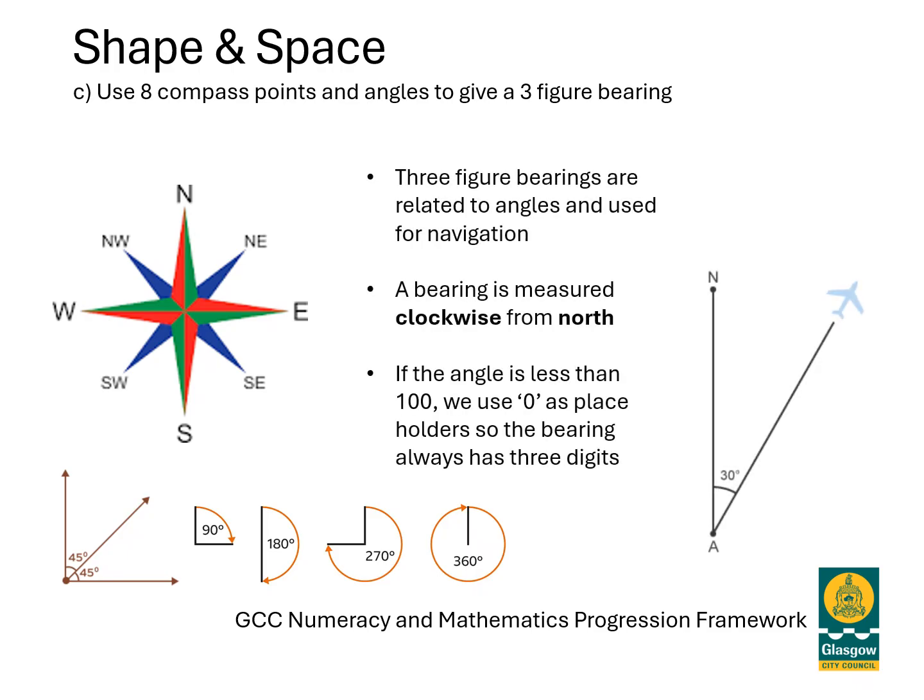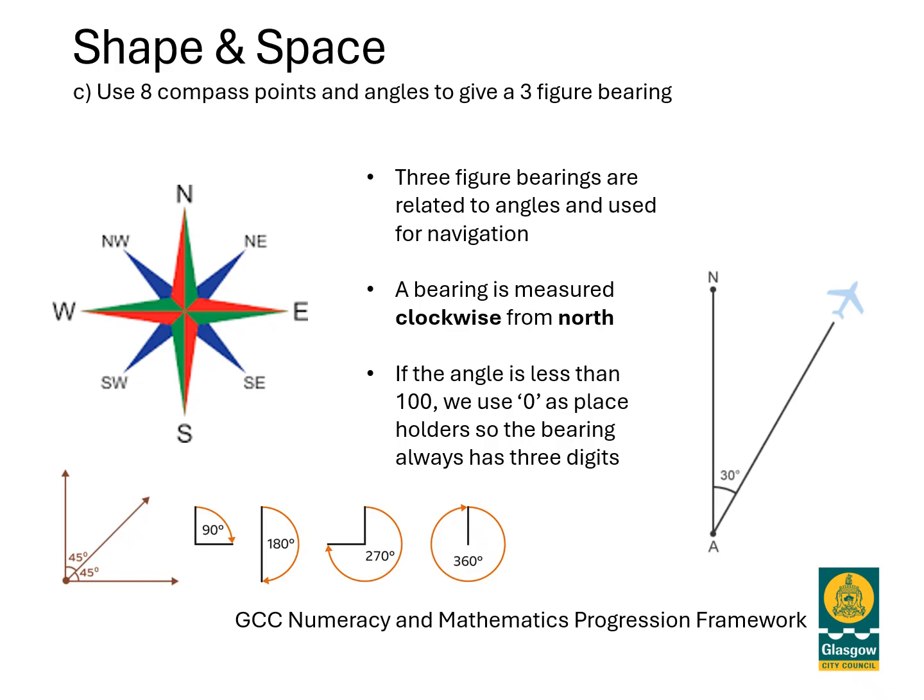So 3-figure bearings are a very technical way of measuring a direction. So they're always measured clockwise from north. So that plane there in the example is flying on a bearing of 30 degrees. Okay, so just a very specific little bit of knowledge.